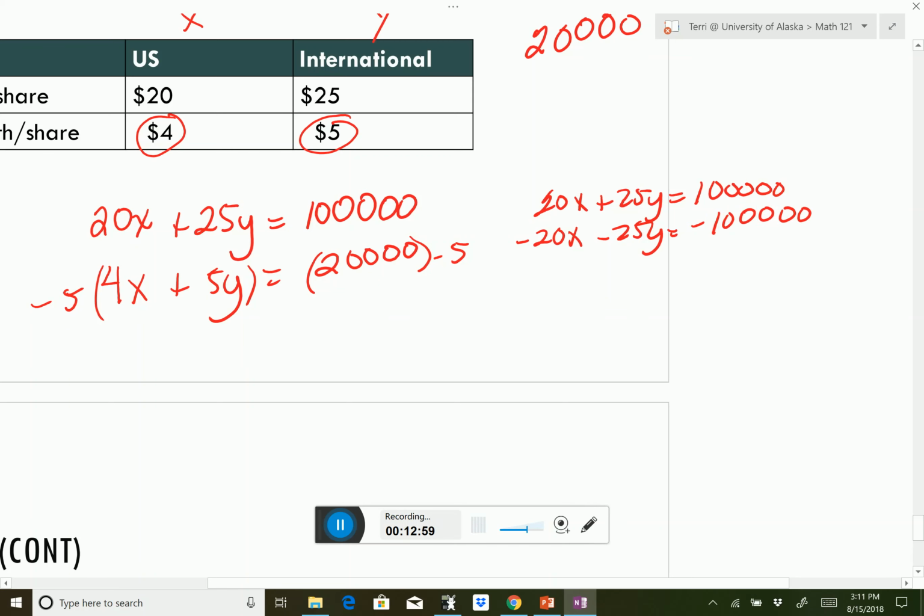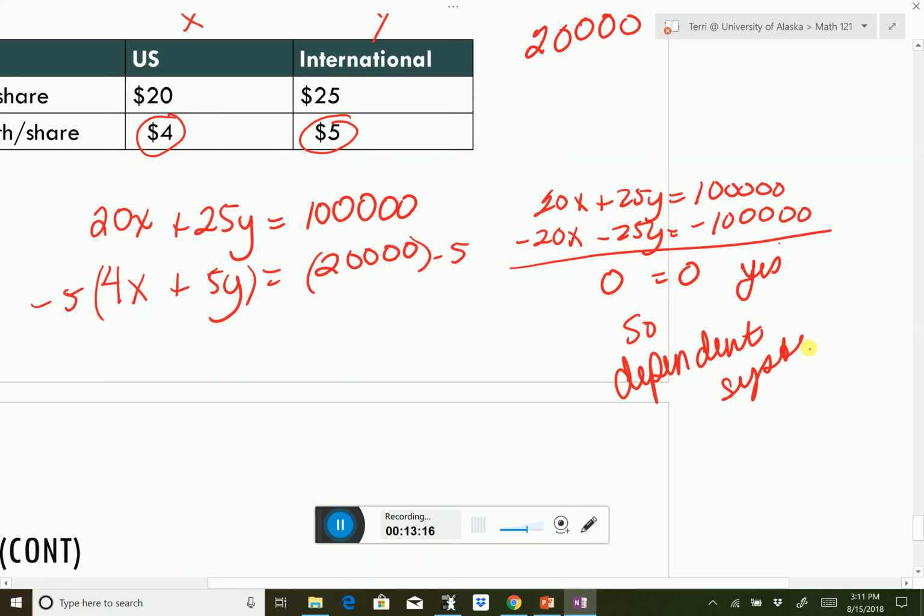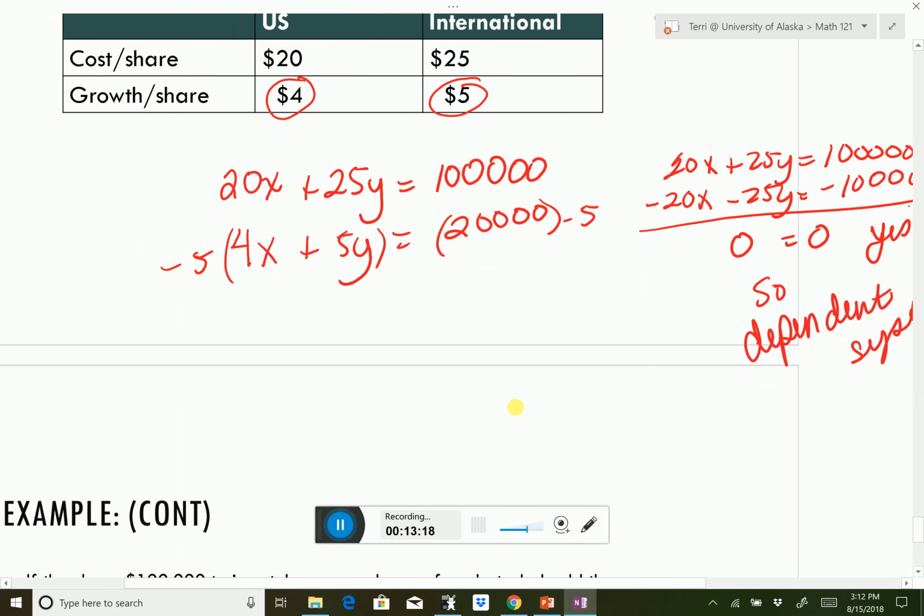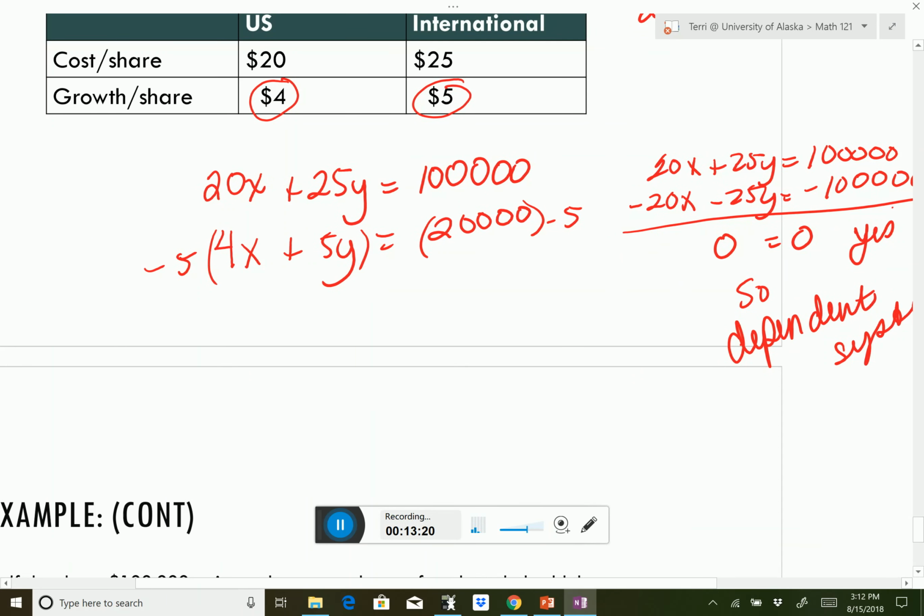This means 0 equals 0. Oh, yes, 0 equals 0. So this system is what we would call a dependent system. It doesn't really matter. You're going to make the same amount of money.